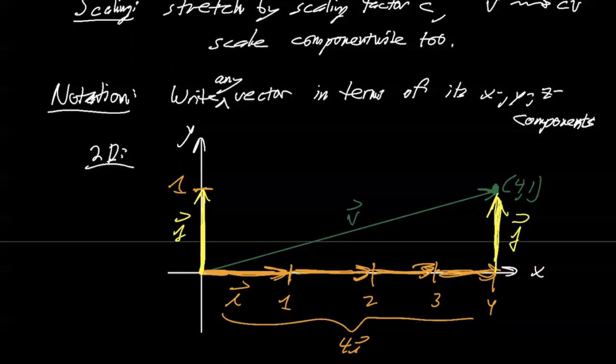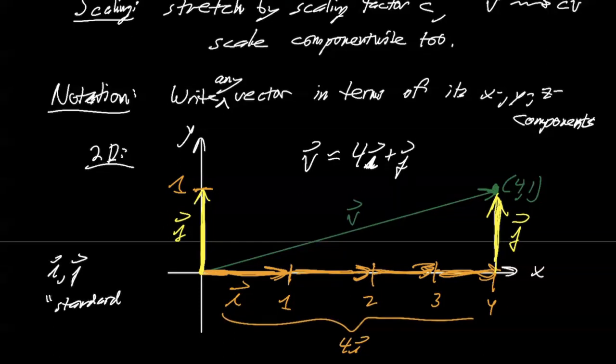So we'll write v equals 4i plus j. That's an i, it may not look like it, but that's supposed to be an i. So v is 4i plus j. Sometimes i and j are called the standard basis vectors, or just the standard vectors, and there are lots of different names for them.